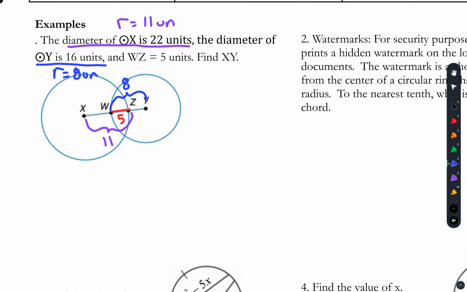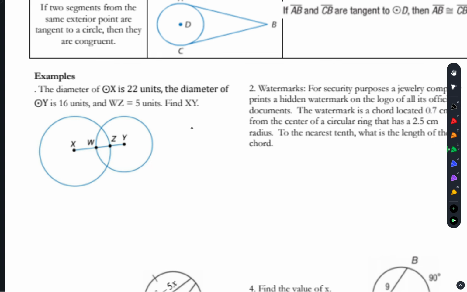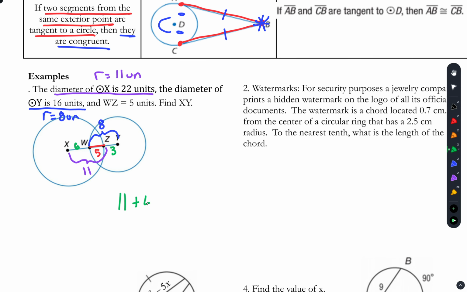I can fill in these pieces using a little bit of subtraction. Like if this whole thing is 8 and that little piece is 5, then this must be 3. Same thing over here, this must be 6. So I can add pieces together. XY is a total of 14 units. Let's just say it's 11 plus 3 equals 14.